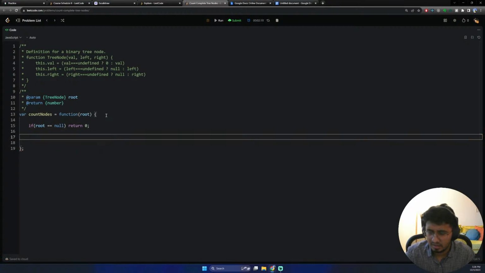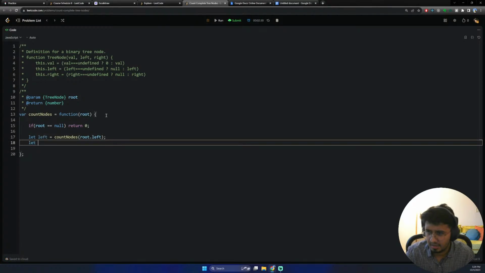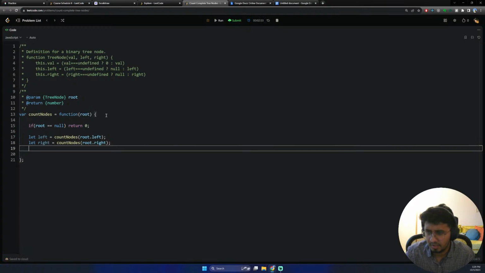And let left be equal to count nodes of root dot left, so that we traverse left, and let right be equal to count nodes of root dot right. And whenever we reach a null, then 0 would be returned.